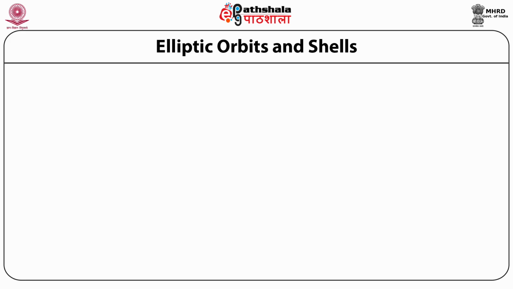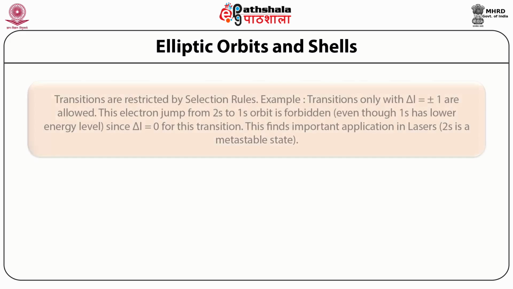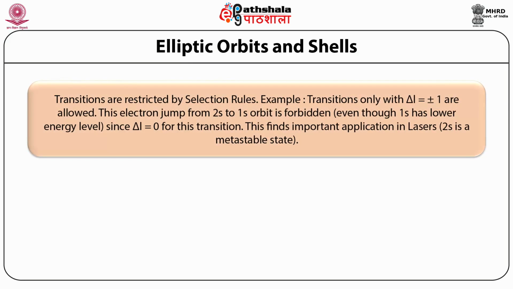One thing which is important to remember is that the transitions are restricted by certain selection rules. For example, one of the selection rules is delta L equal to plus minus 1. These are the only transitions which are allowed. Any transition for which delta L is different from plus minus 1 is not allowed.